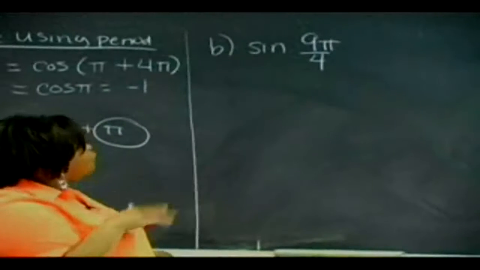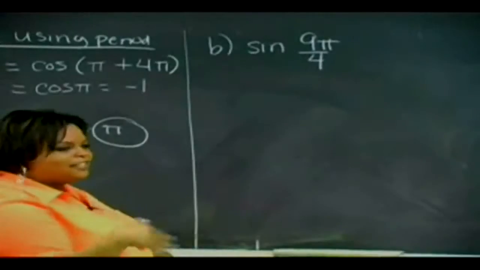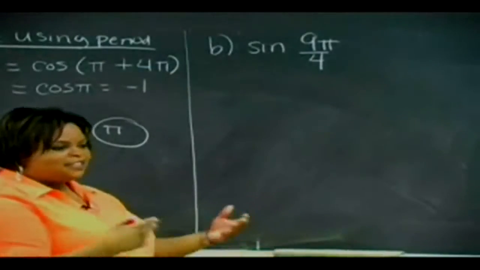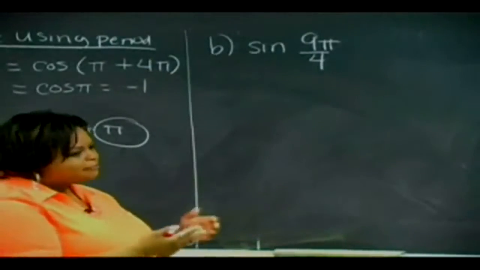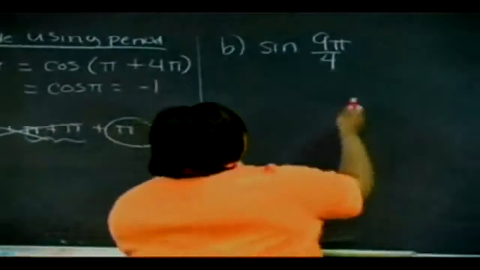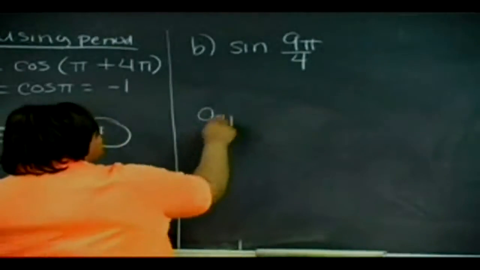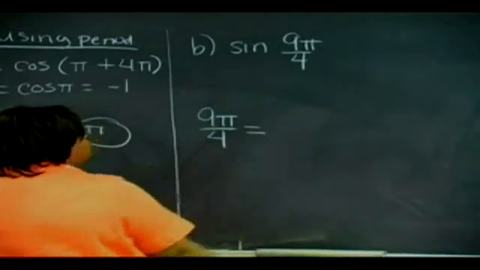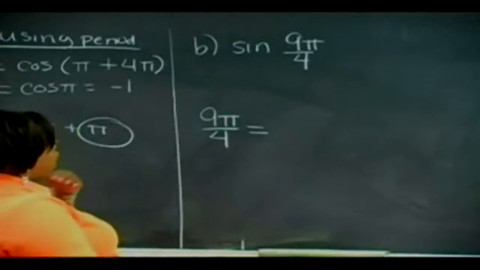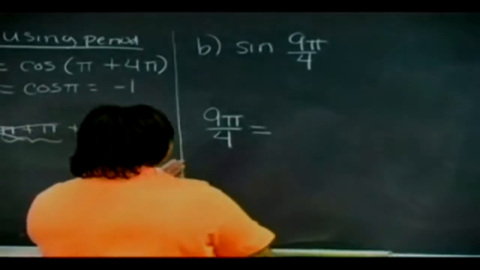Now let's see how we want to break this down, because we want, again, our 2 pi's. And this 4 out here, let's break this down and just take the sine out of it. Let's just look at 9 pi over 4.